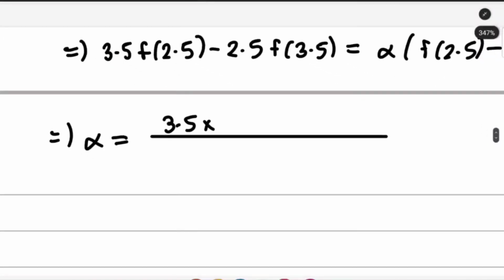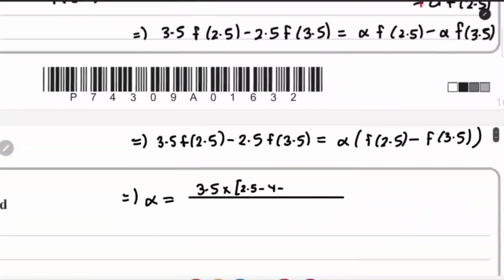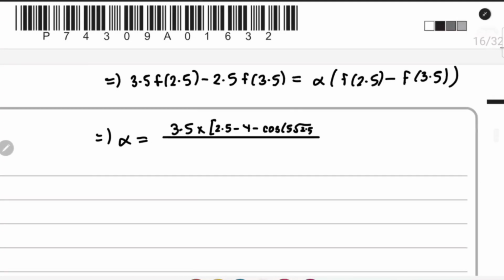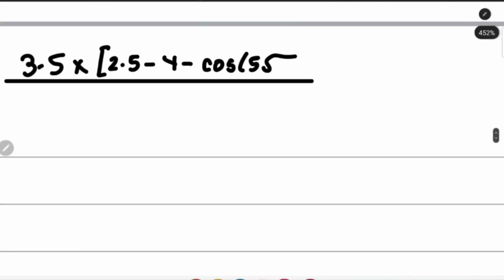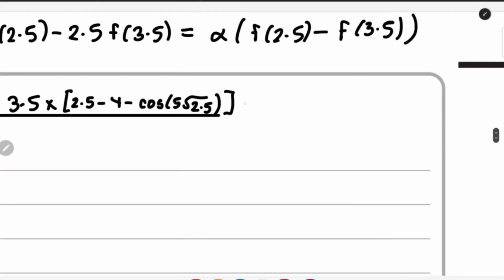2.5 minus 4, is it minus? Yeah, minus cos 5 root 2.5, minus 2.5 times f of 3.5.